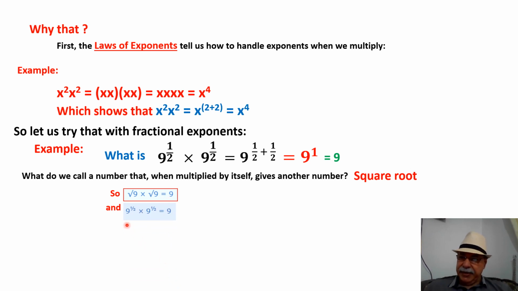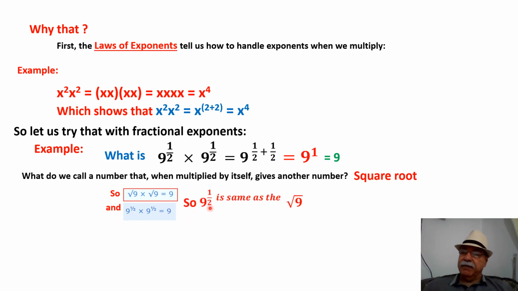Same process: 9 to the power half times 9 to the power half equals 9. You see this picture for this question or this example has the same answer, because now I transfer this method to the fraction, because half means a square root. Just listen and see, and try to do it like this to understand.